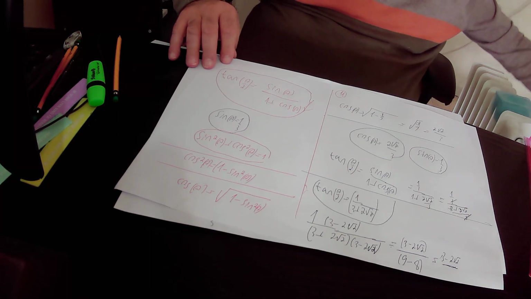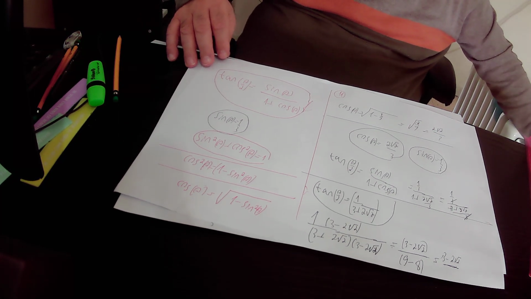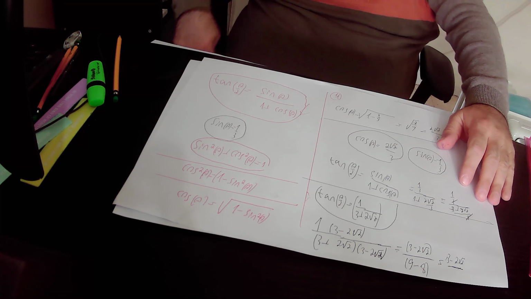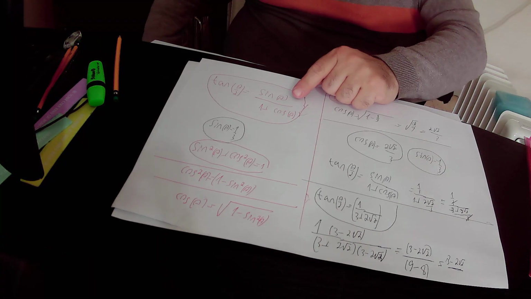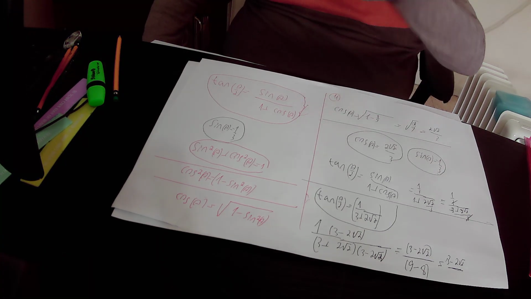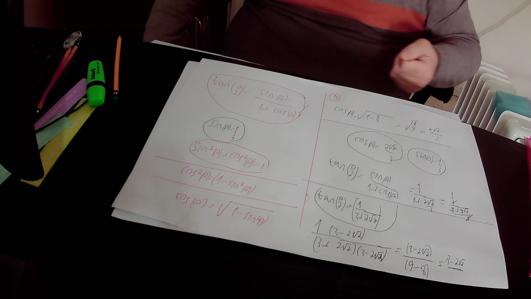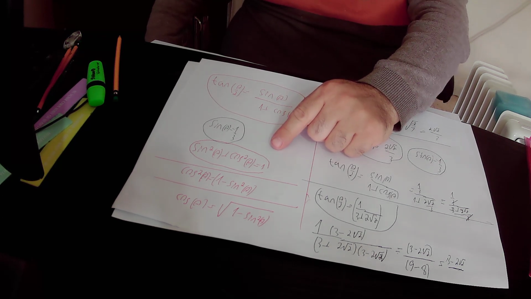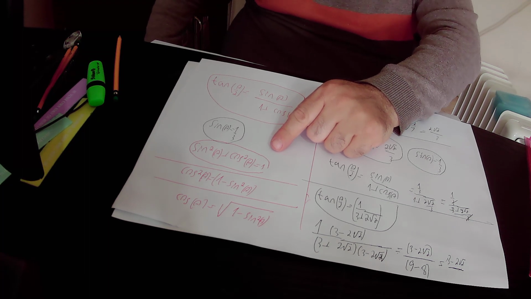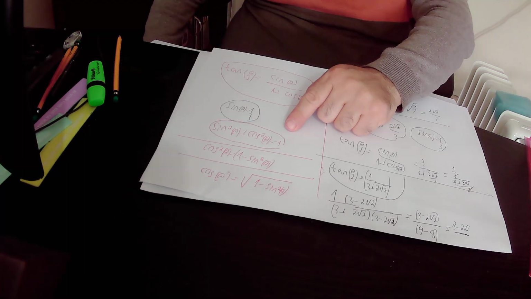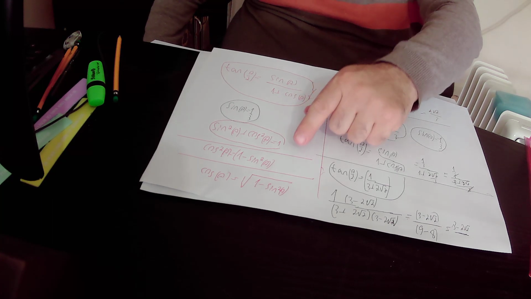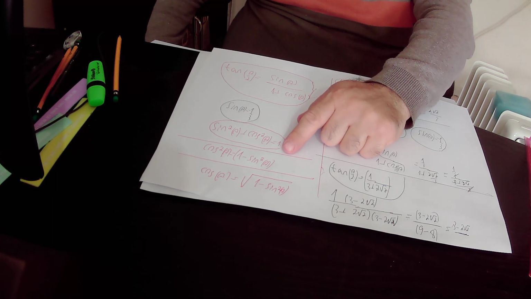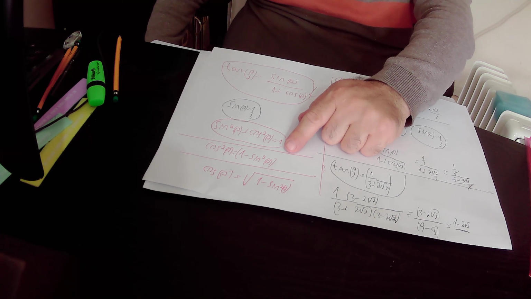Then we have the trigonometric identity that states that tangent theta over 2 equals sine theta over (1 plus cosine theta). We have already found that sine theta equals 1 over 3, and we also have the identity that sine squared theta plus cosine squared theta equals 1. We subtracted sine squared theta from this equation, and we got that cosine squared theta equals 1 minus sine squared theta.